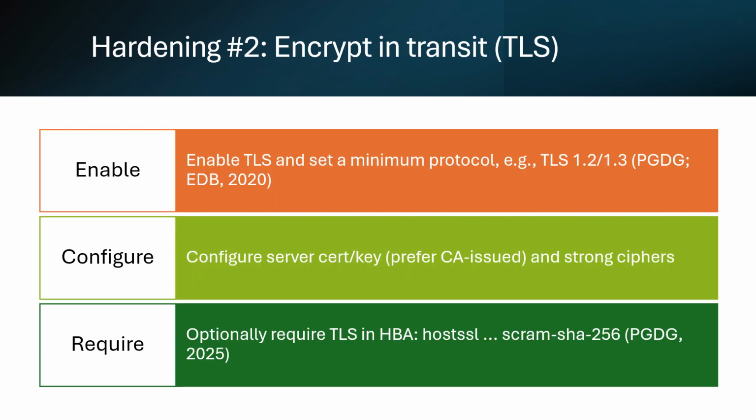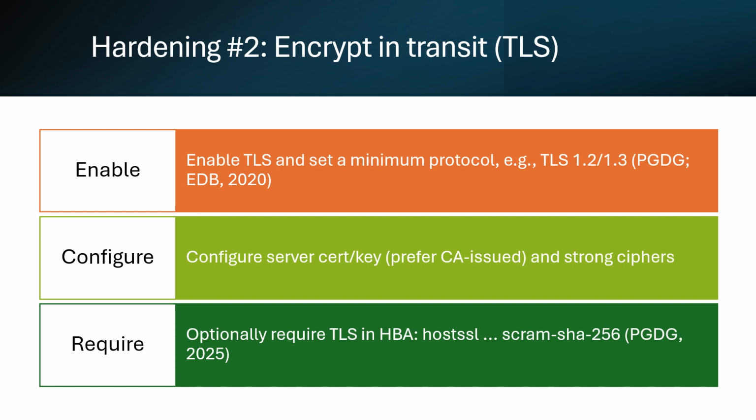Encryption over the wire is non-negotiable. We enable SSL/TLS in postgresql.conf and constrain the setting via ssl_min_protocol_version to require TLS 1.2 or better. The PostgreSQL docs confirm that versions prior to TLS 1.0, like SSLv2/3, are disabled by default.